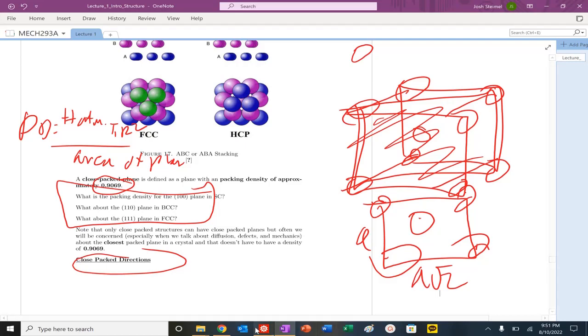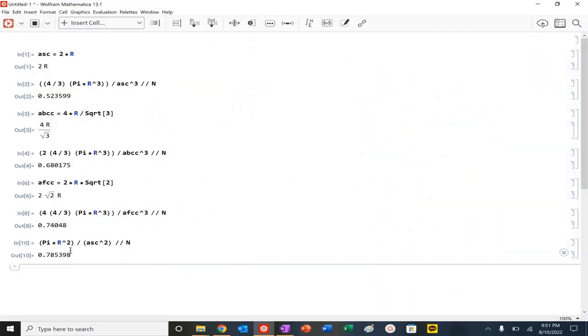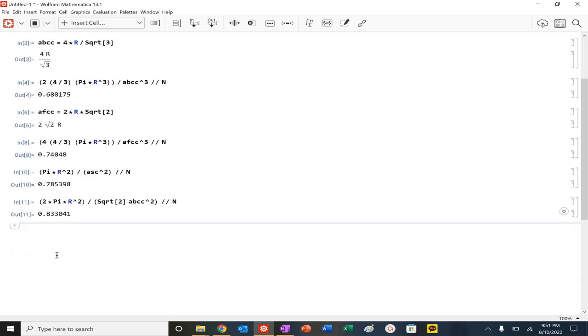Very important distinction. So I can pull this out, and I'm going to do pi r squared times square root 2, but not A simple cubic, A BCC. I need 2 times pi. Still not quite there yet.